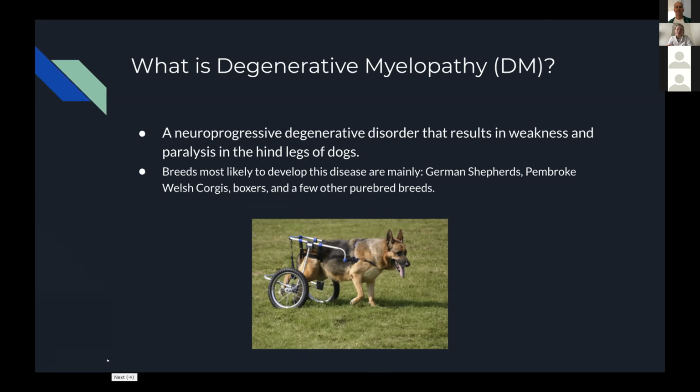It's degenerative and it's in the spinal cord. It causes weakness and paralysis in the hind legs of dogs. Like in the picture here, you've probably seen videos of dogs in wheelchairs or dogs dragging their legs around. That very well could be due to DM. Breeds you're most likely to see this in are German Shepherds, Pembroke Welsh Corgis, Boxers, and a few other purebred breeds.